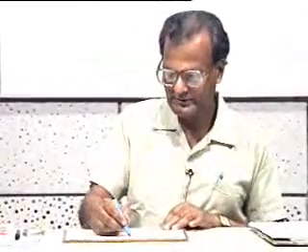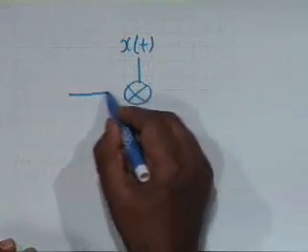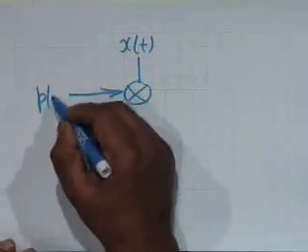and what we did was we multiplied this signal by a sampling function p of t.